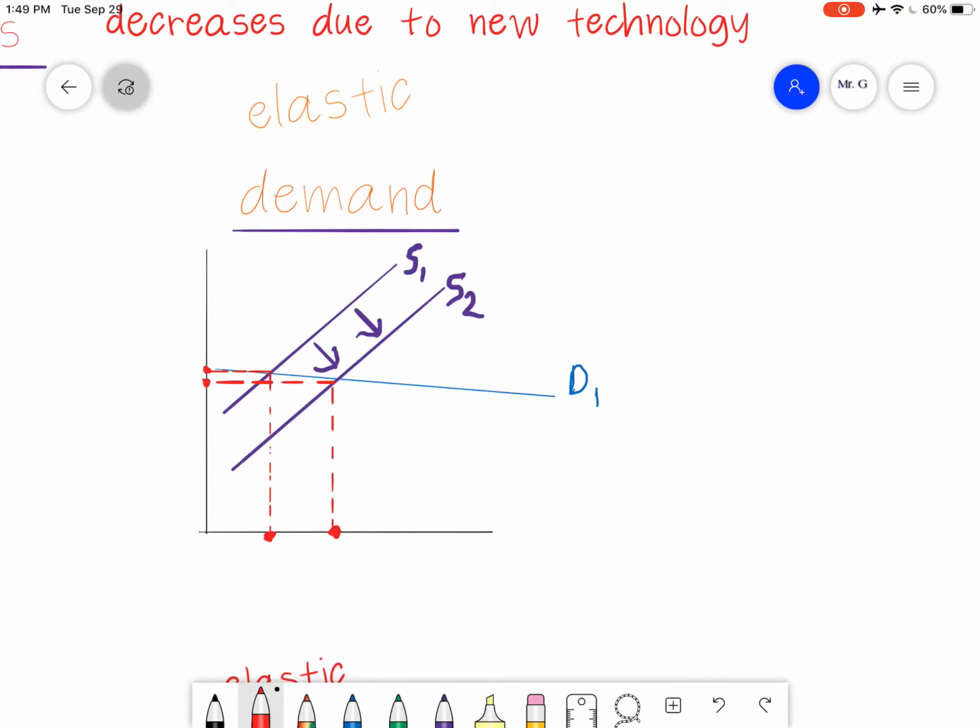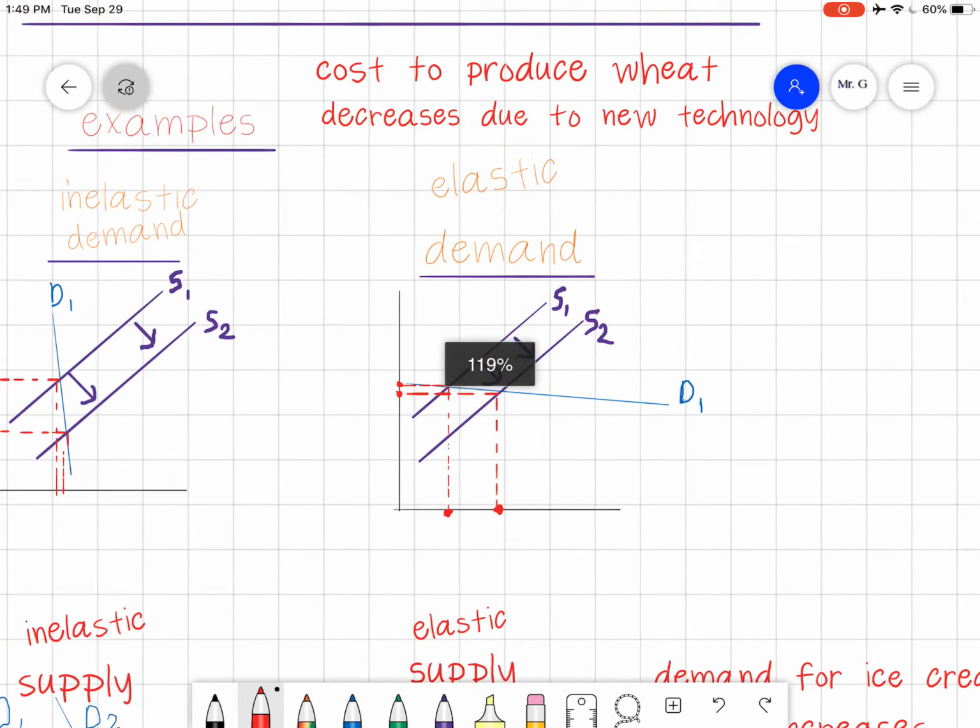As price goes down, the demand goes up a lot. With the inelastic one, as the price went down, it didn't really change the quantity demanded and quantity supplied by a lot. In this particular case, the quantity demanded and supplied did increase quite a bit. So this is elastic demand versus inelastic demand.